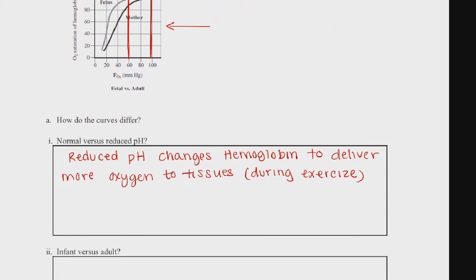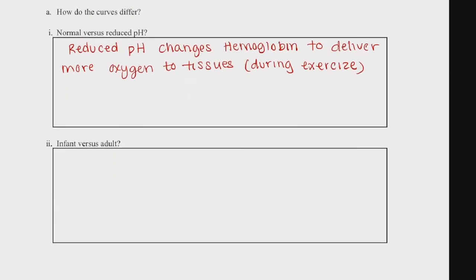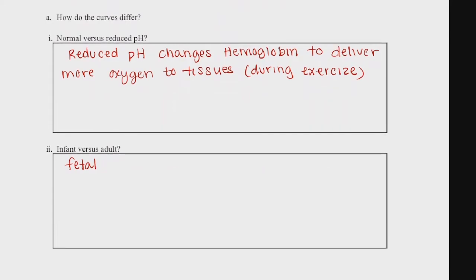The reason for this is that it allows the fetus to pull more oxygen from the mom's blood than it could if it had the same pressure. So fetal partial pressure saturation is lower than the mom's.